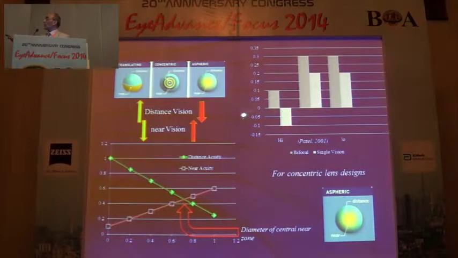But to give you a quick rundown, you can also measure high, medium and low contrast acuity in bifocal systems compared with single vision.